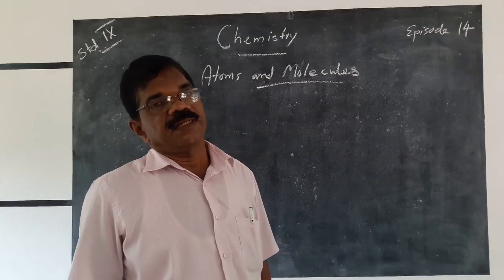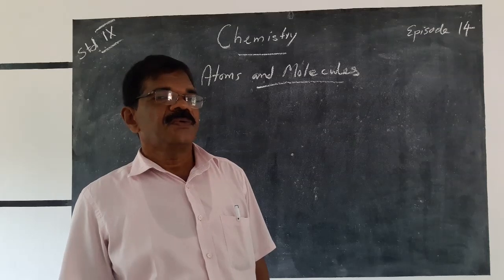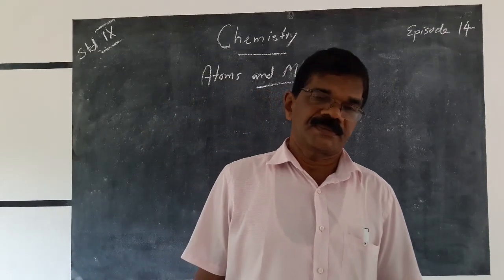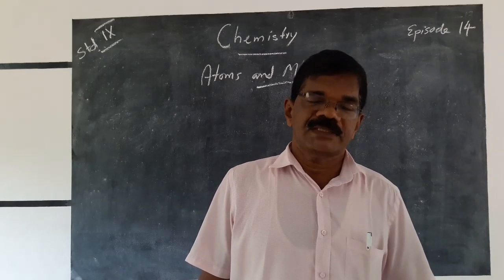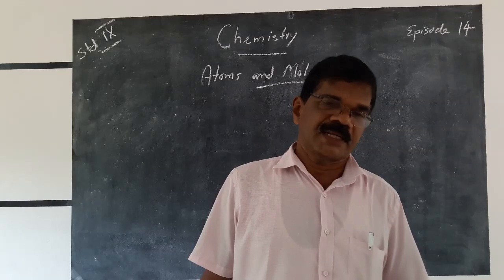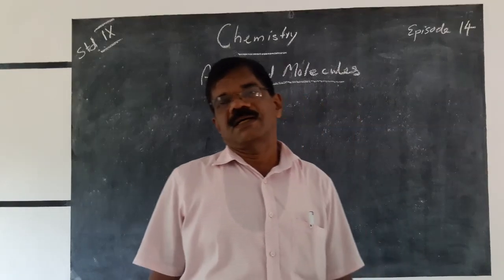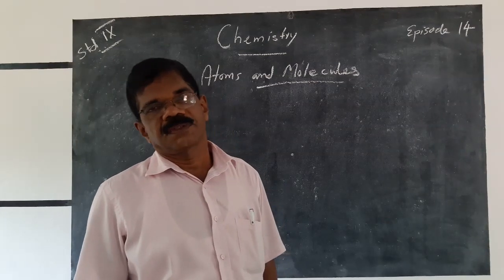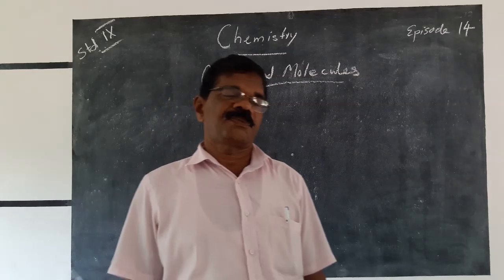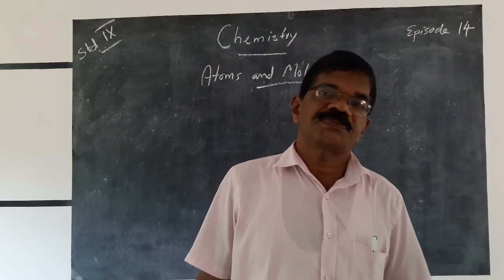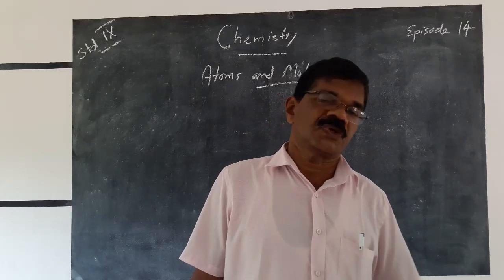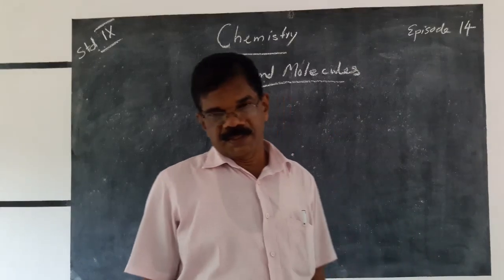Carbon-12 is taken as the basic standard for reference because it is the purest form of isotope, found in large quantity. So, carbon-12 is taken as the basis of the atomic mass unit.